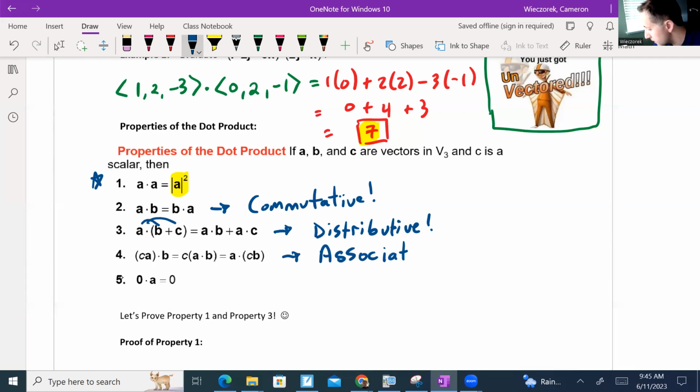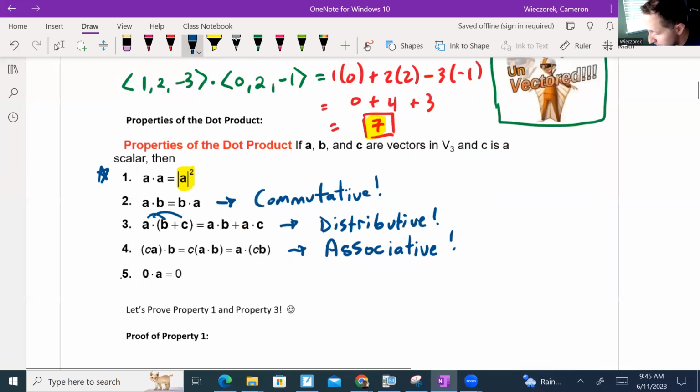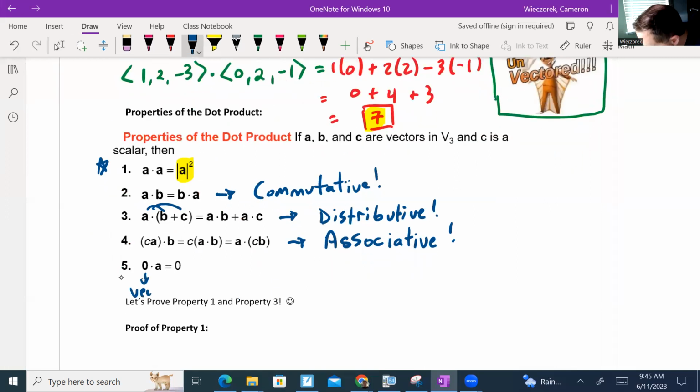Where you place that scalar will not affect the result. And this one shouldn't be too shocking. If you take the dot product of the zero vector and any non-zero vector A, you will always get the scalar 0. One point I want to make in this one is that this is a vector 0, and this is the scalar 0. So I guess I'd call this an identity.